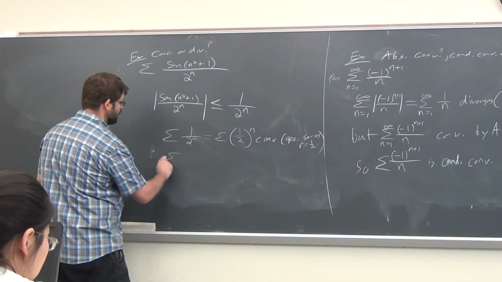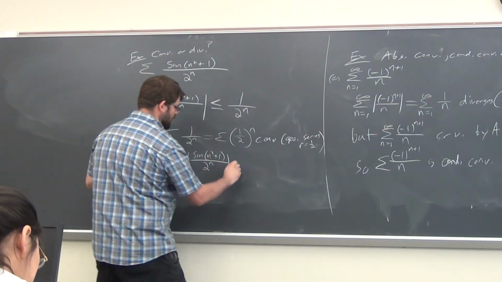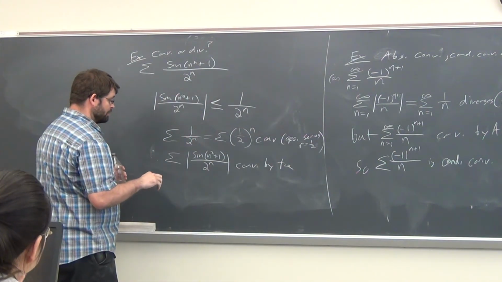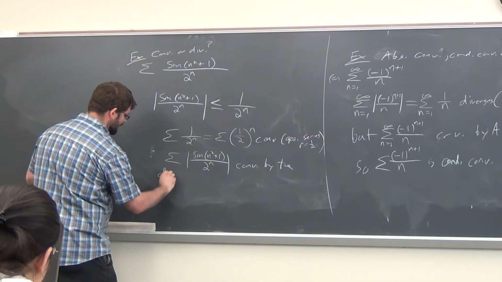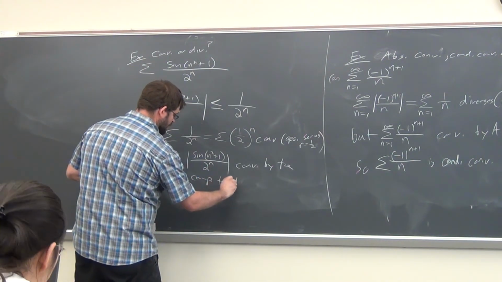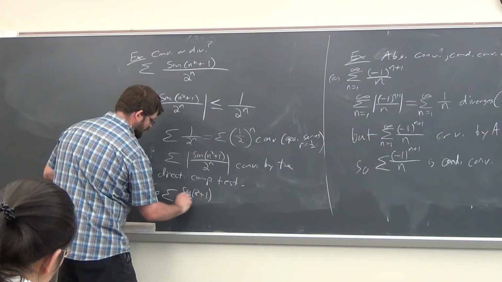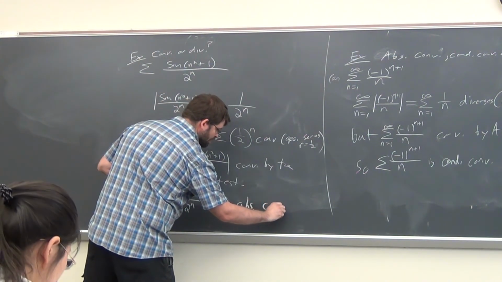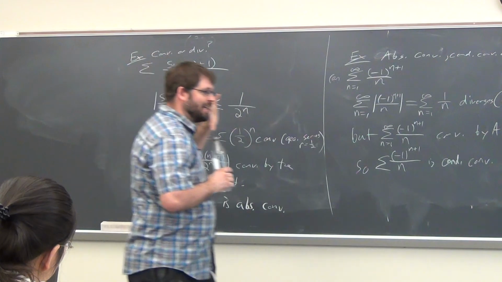So therefore this converges by the direct comparison test, and so our original series is absolutely convergent. And in particular, that means it's convergent. Does that make sense? Okay, so that should take care of that section.